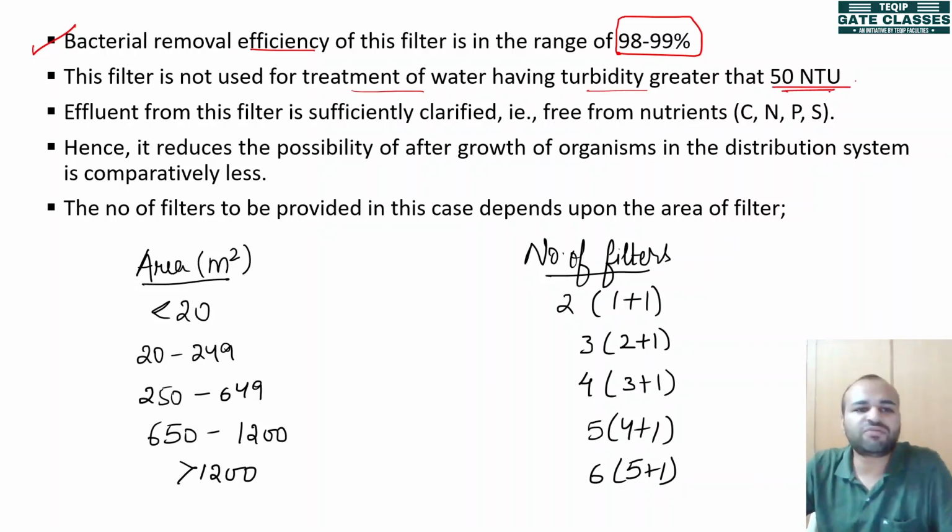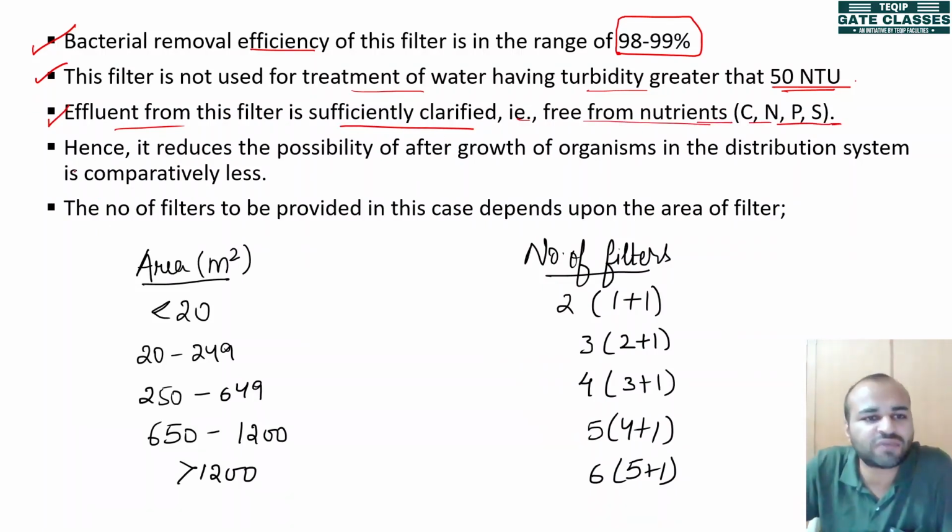If we use water having such a high turbidity, it will choke the filter medium frequently and we have to clean it again and again. Then the effluent from this filter is sufficiently clarified, that is, it is free from nutrients such as carbon, nitrogen, phosphorus and sulfur. Hence, it reduces the possibility of the aftergrowth of organisms in the distribution system.